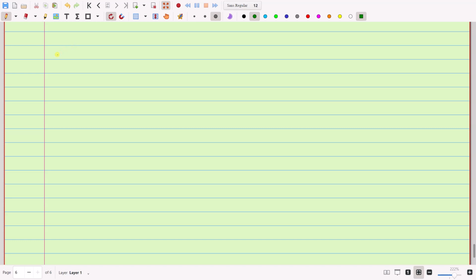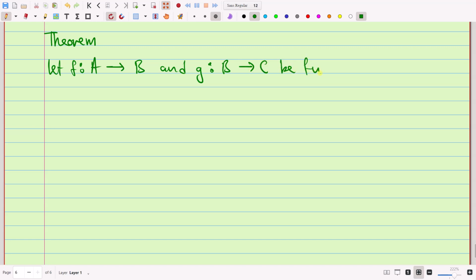Then, before we end this lesson, it will be good to put the following theorem. So theorem: let f from A to B and g from B to C be functions.